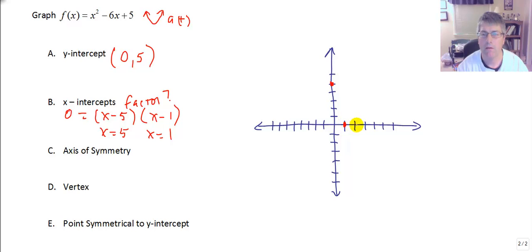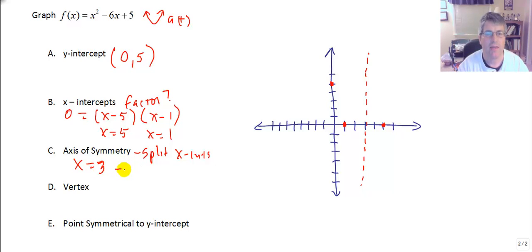So 1, 2, 3, 4, 5. Now, we might be able to eyeball our axis of symmetry because we know that's going to split the x-intercepts in 2. So it looks like we're going to split it in 2 right here. So 1, 2, 3. So our axis of symmetry is x equals 3.